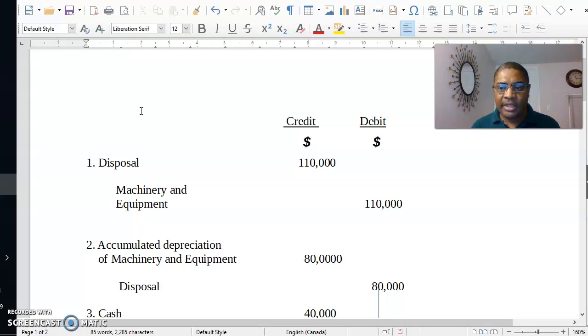They facilitate the process of earning income. Now depreciation is no exception, except that it is not a cash item. Okay, but the machinery or the equipment is used in earning the income.